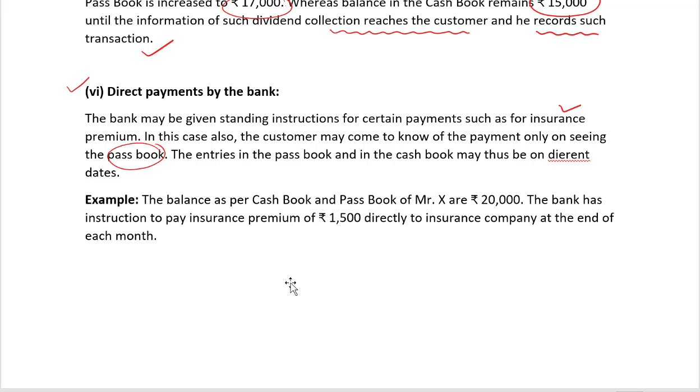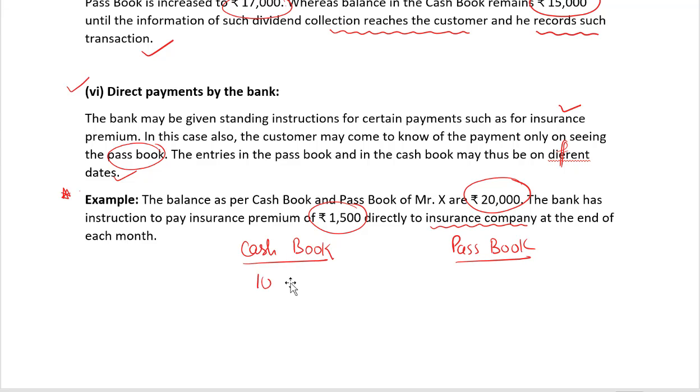The entries in the passbook and the cash book may thus be different on different dates. Let us see an example over here. The balance as per cash book and passbook is 20,000. The bank has instructions to pay the insurance premium, that is 1,500, directly to the insurance company at the end of the month. So we, the customer, are preparing the cash book and the banker is preparing the passbook.